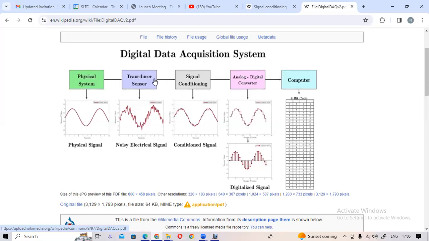Because the transducer has some data, it has some electrical signal. Before giving it to the analog digital converter, you have to condition it. Just imagine one signal condition.